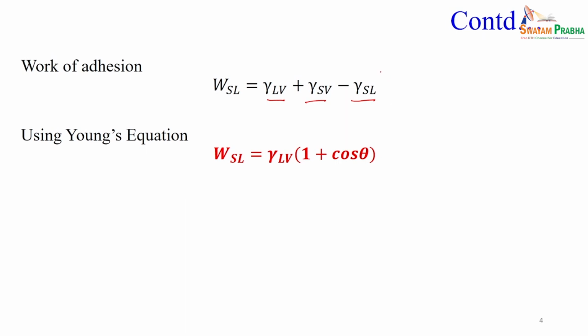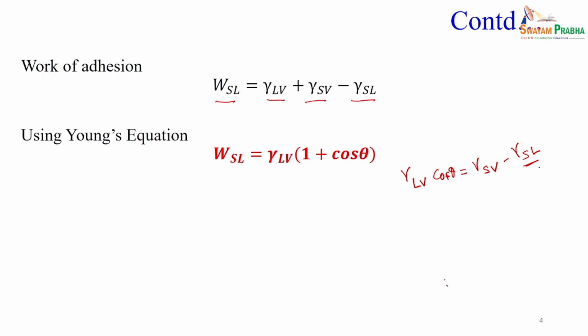So, in place of gamma solid liquid, if you put in the Young's equation, so Young's equation was gamma liquid vapor cos theta is equal to gamma solid vapor minus gamma solid liquid. Here gamma solid liquid is calculated from the work of adhesion.